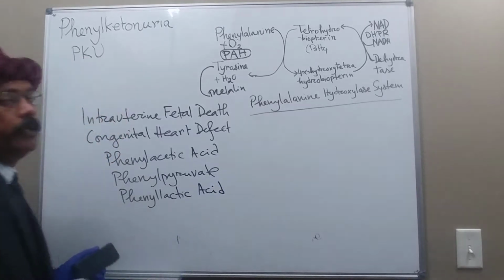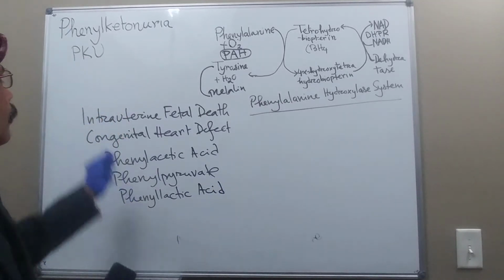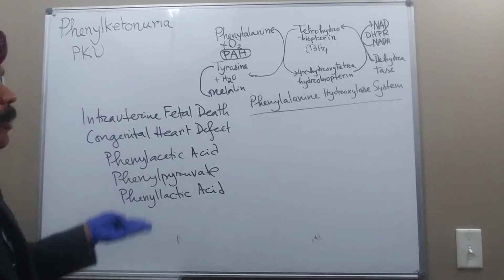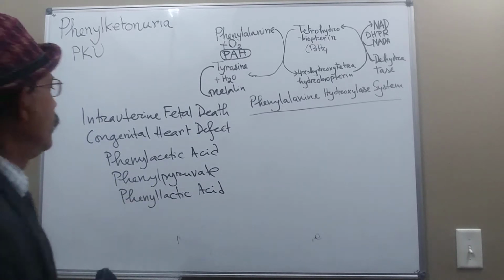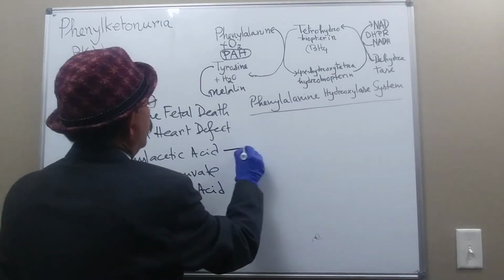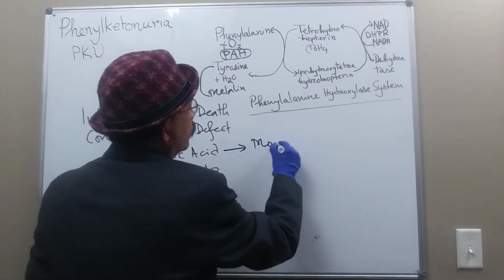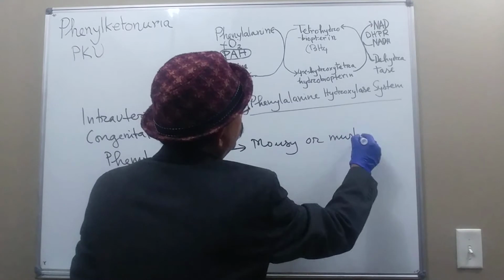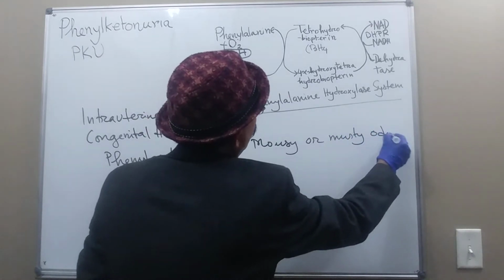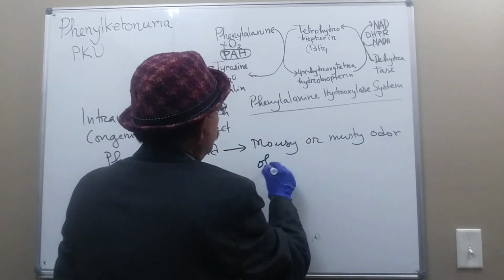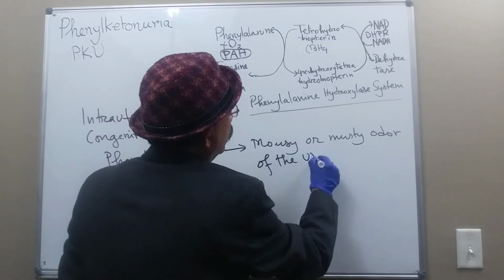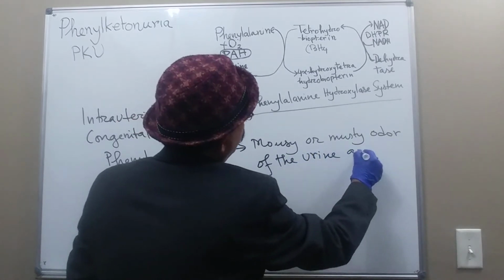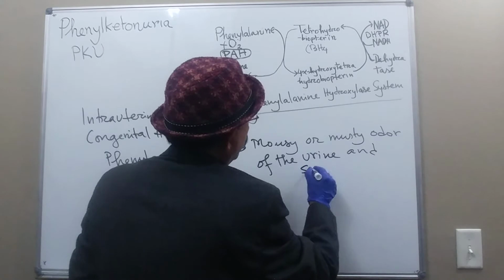They all can damage the brain along with the excessive phenylalanine. This will give rise to a mousy or musty odor of the urine and sweat.